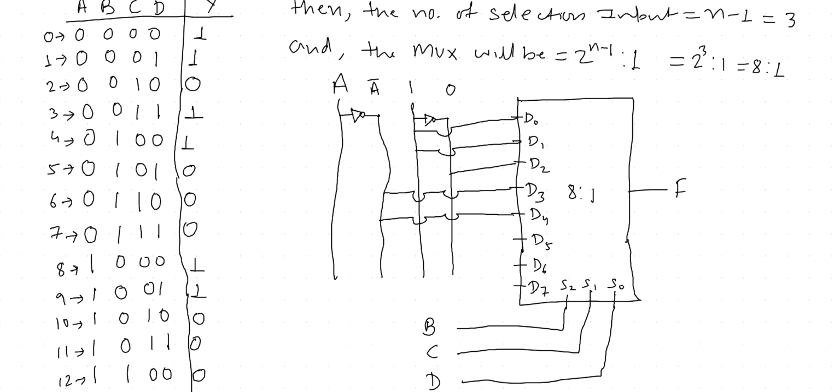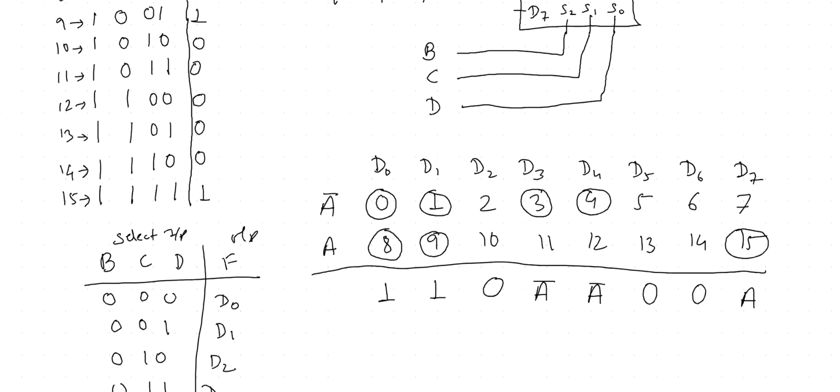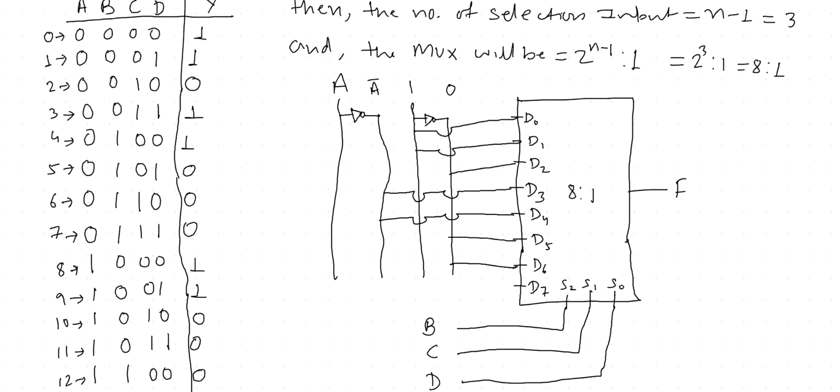So D5 is connected with the 0 line and D6 is connected with the 0 line. Okay. For D7, it is connected with A. So this is the complete diagram for the 8 cross 1 mux of the given function. The given function is designed by using the 8 cross 1 mux. Okay. Hope all of you understand. Thank you.